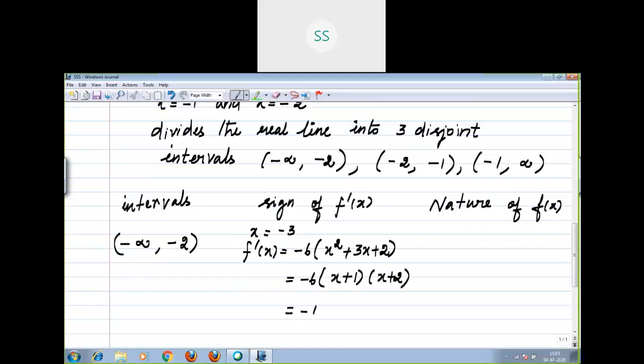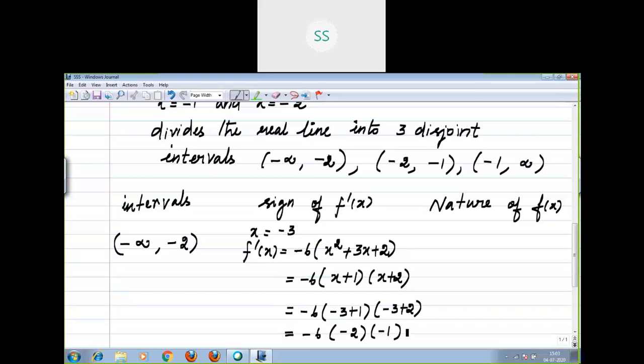Minus 6 into minus 3 plus 1 into minus 3 plus 2. What can you get? Minus 6, minus 2, minus 1. See, here three things are there in negative form. So what is your result?